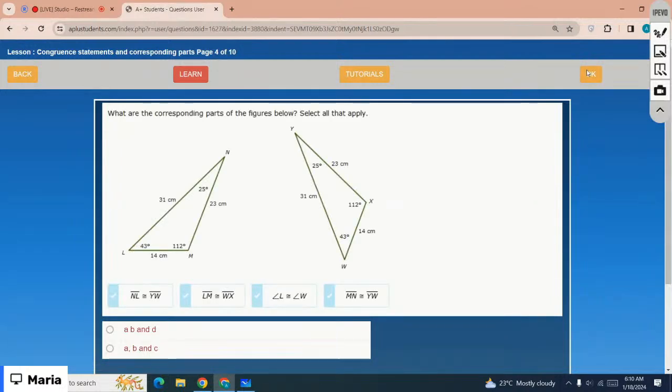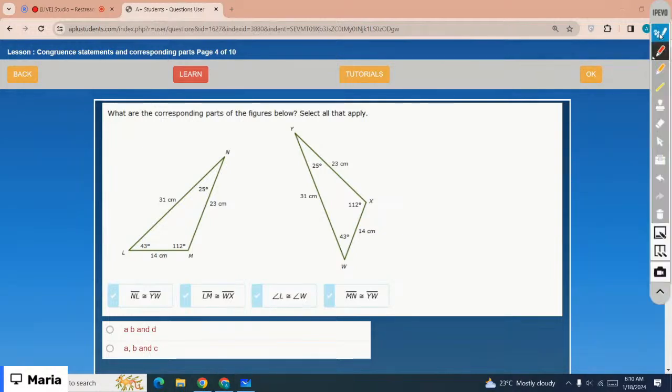What are the corresponding parts of the figure below? Select all that apply. Let's see which of them are corresponding. Here is NL, that is 31 centimeters, and YW is also 31 centimeters. That means NL is congruent to YW. LM is 14 centimeters and WX is 14 centimeters, so LM is congruent to WX.